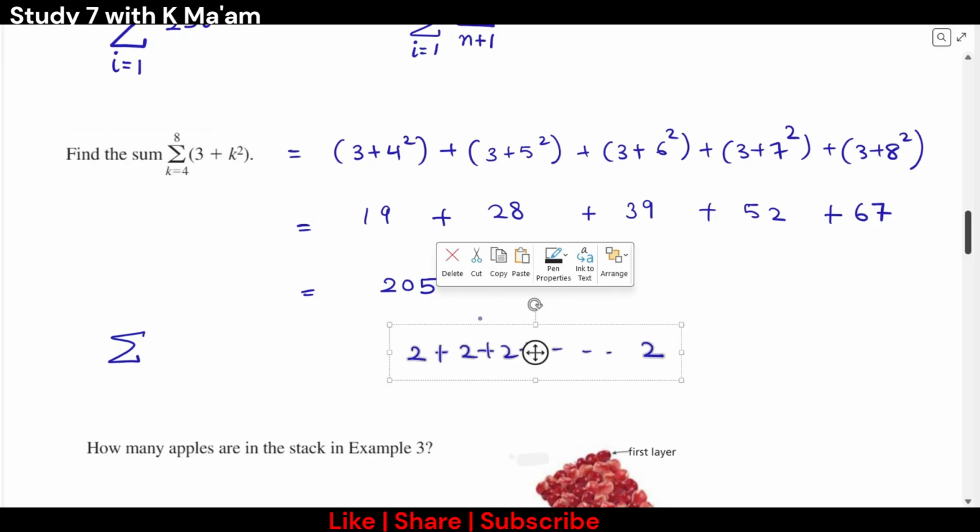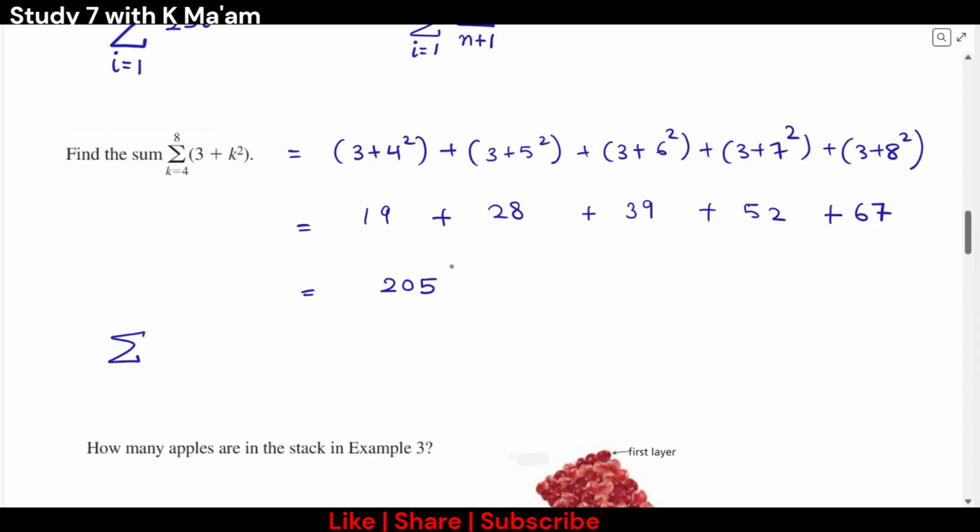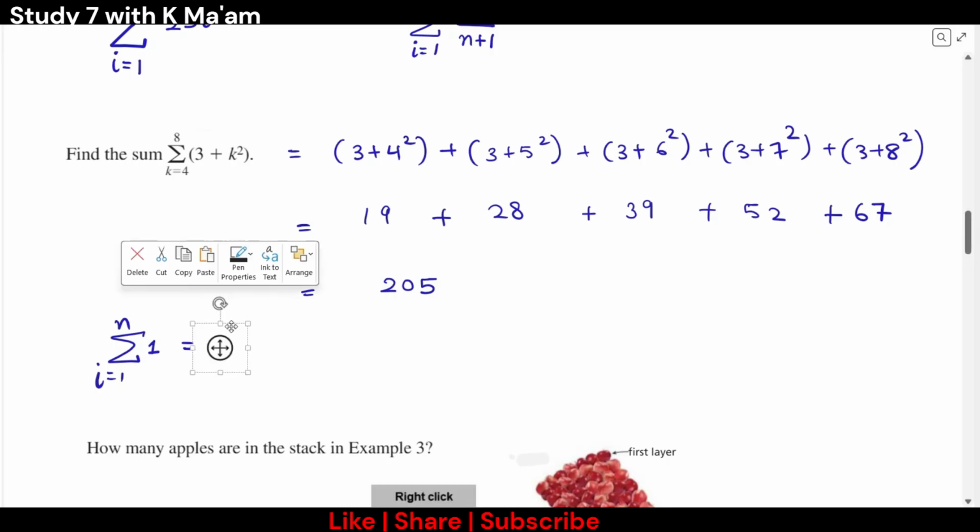So when a constant term is adding, I choose a 1. 1 is adding. How many times? N times. The answer will be 1 times n. If it is summation of 2, the answer will be 2 times n.